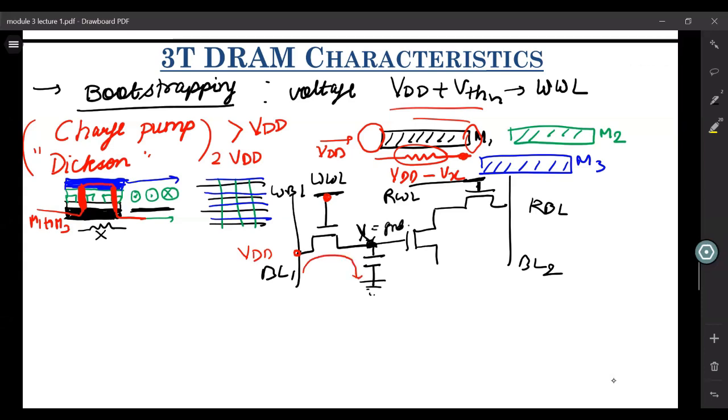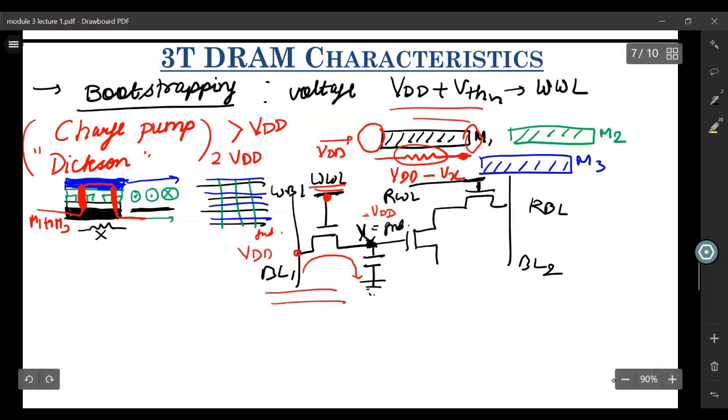So the potential here at node X now becomes VDD. If you have bootstrapped the write word line, it will charge it to VDD. Okay, so this is how you store 1. Not 1 exactly, let me tell you how exactly it's 1 or 0 in this case. But that is how you charge it to VDD. And similarly, if this were ground and you asserted this high, then it would discharge it to ground. So this is how you can write into this cell.